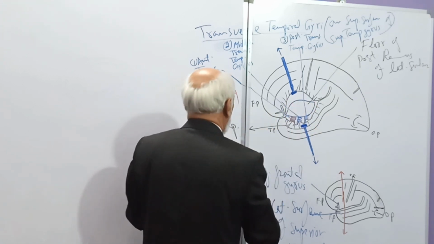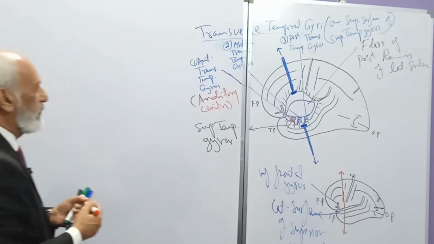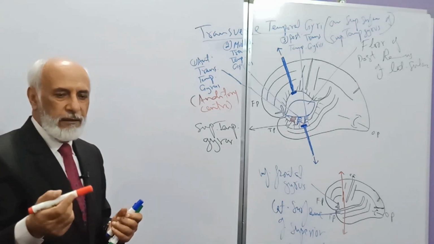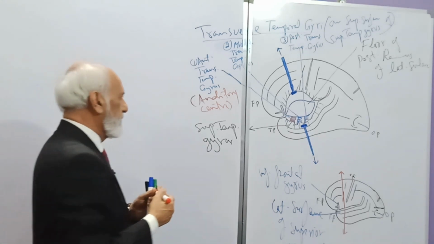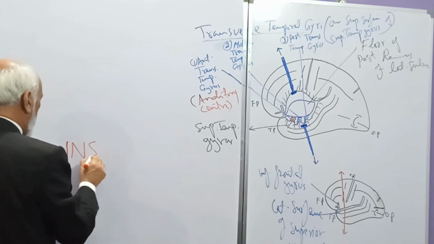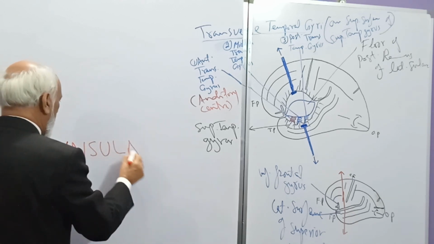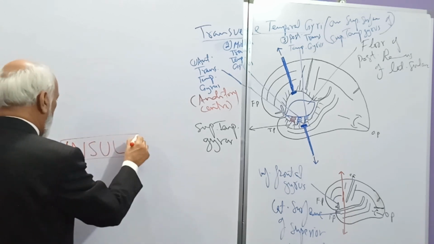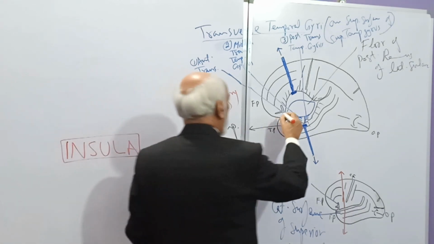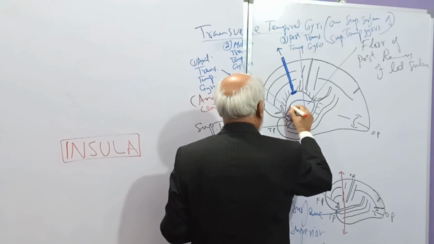Now this floor of the posterior ramus of the lateral sulcus is occupied by the insula. Here is the insula.